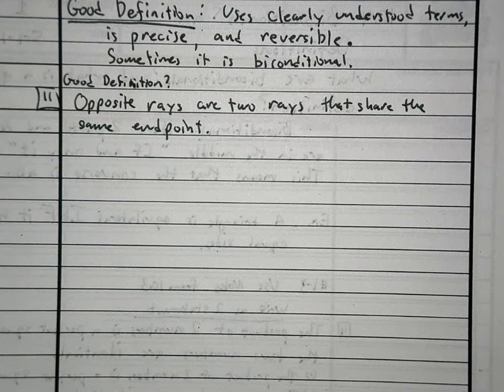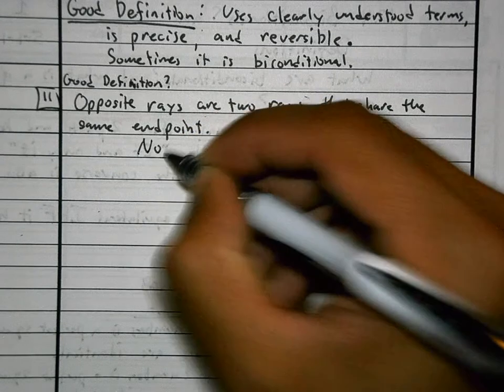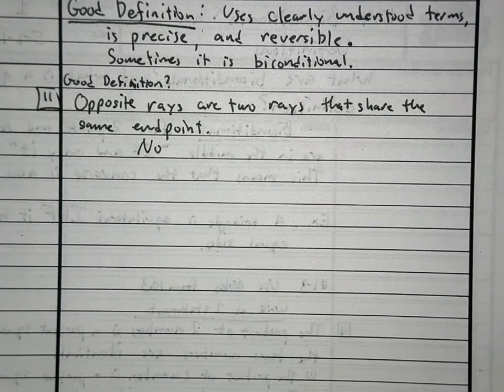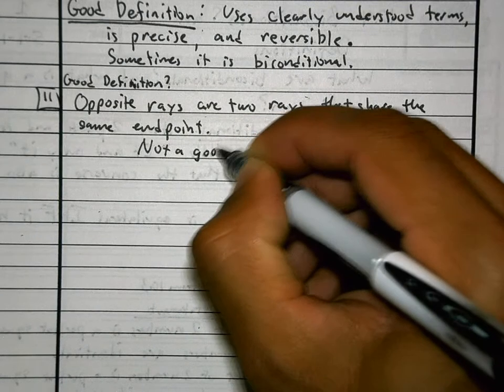No, it isn't, because two lines can share the same endpoint. Well, like two segments can share the same endpoint. Okay, you're really close. You're not using the right words for me. I do agree that this is not a good definition.